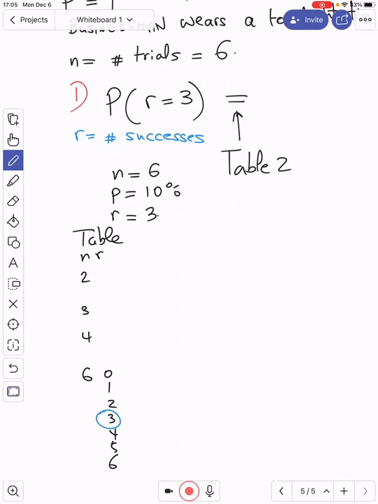And then there's the probability of success, P. So here in the top, you have your P, and you can see here we have 0.01, 0.05, 0.10. So we need our P to be equal to 10%. So 10%, that's 0.10.